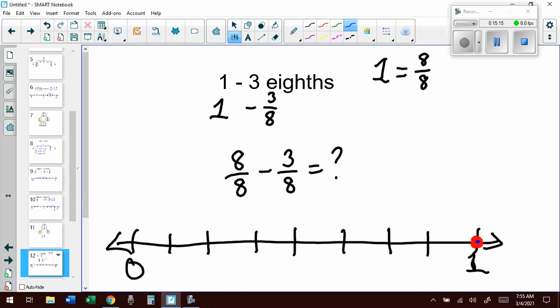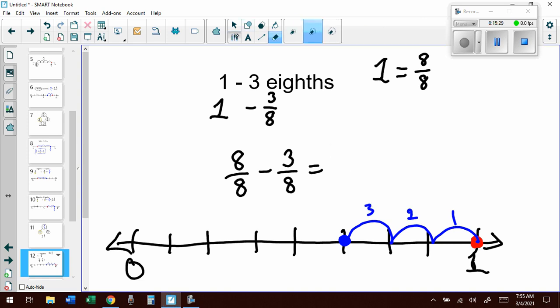We're starting with 8/8, 7/8, 6/8, 5/8. We went back 1, 2, 3 times. So in answer to the question, 8/8 minus 3/8, we notice that we are dealing with like denominators. So the question really is 8 minus 3 equals 5, and our denominator was 8. So 8/8, 1 whole, minus 3/8 equals 5/8.